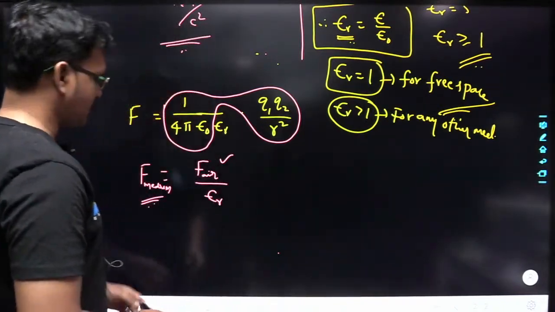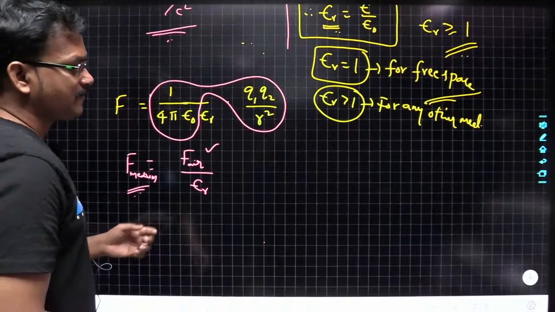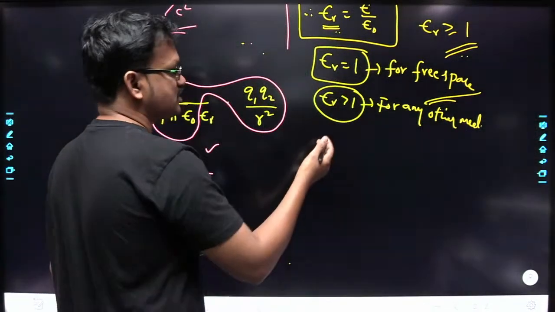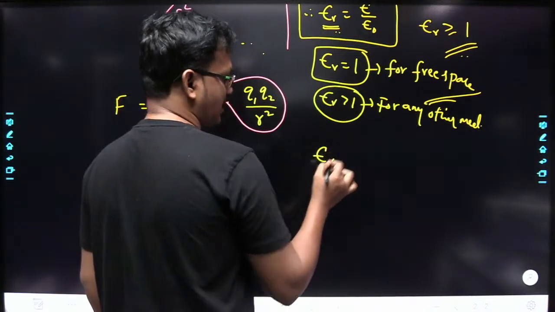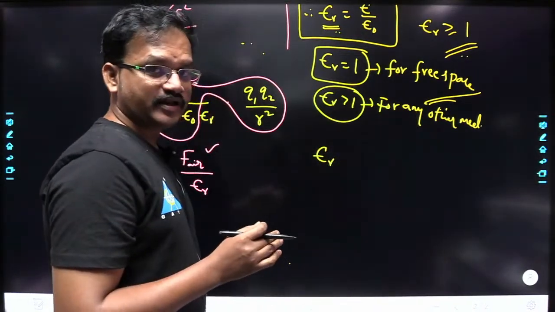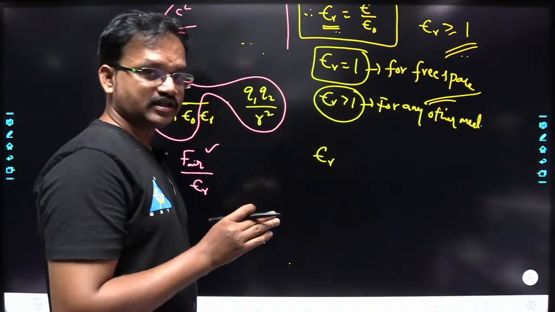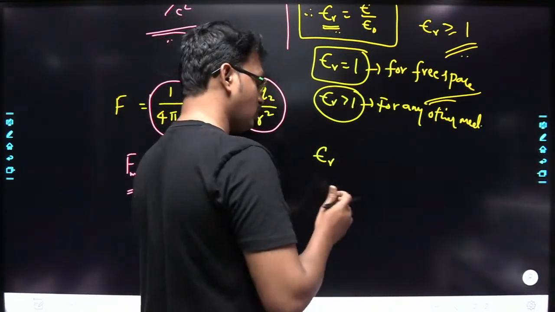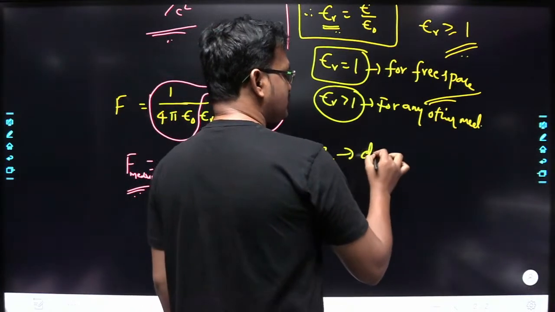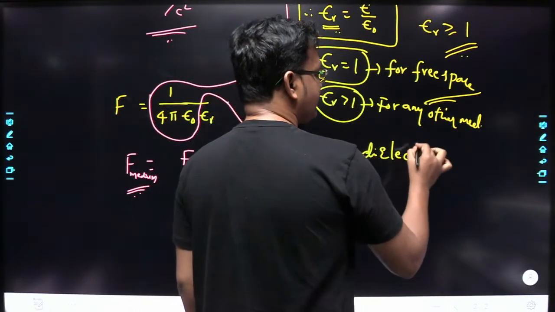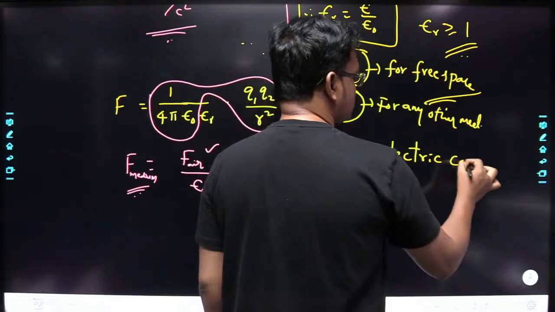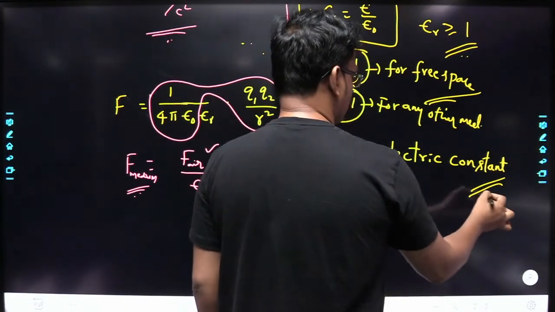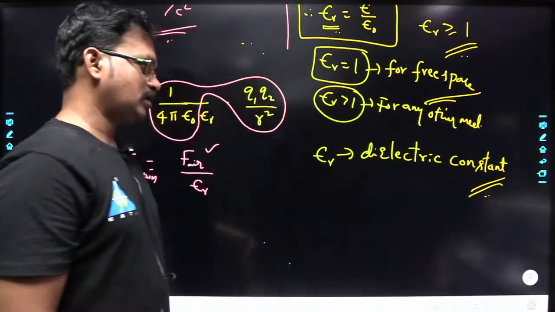Next, in a flow, I called this epsilon r the dielectric strength of the material. That was a mistake. Epsilon r is called the dielectric constant. Please rectify this.